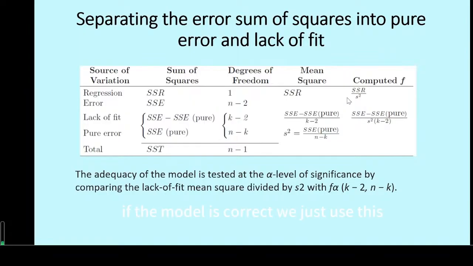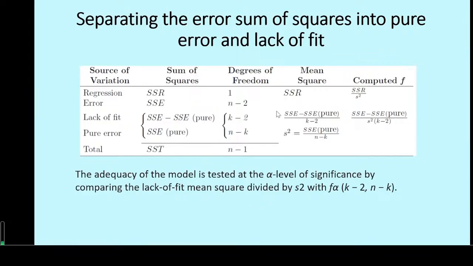If the model is correct, we just use this to test if the model is significant, or say whether the independent variables can explain the model. But now we focus on these two parts. S square is SSE pure divided by its degrees of freedom.